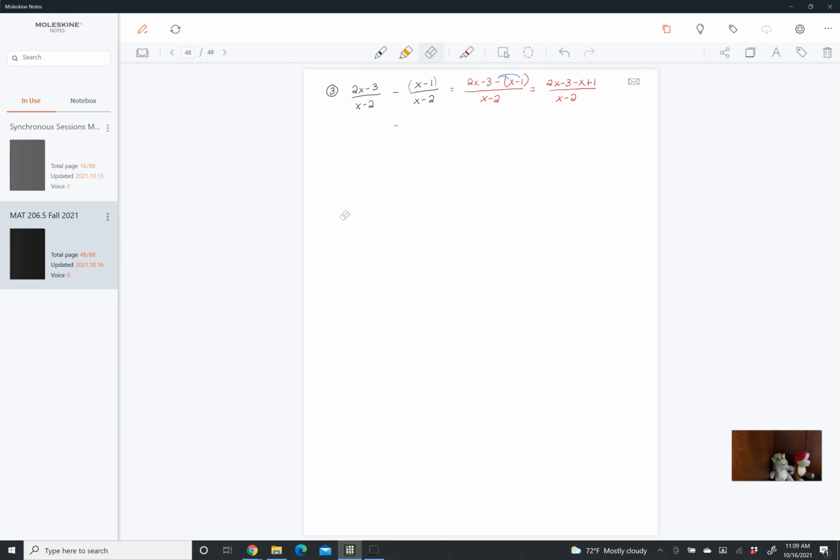And what we get here is 2x minus x is x, and negative 3 plus 1 is negative 2. So we get x minus 2 over x minus 2, which we know is 1. So always check for a common denominator first.